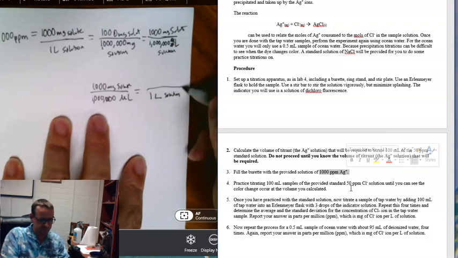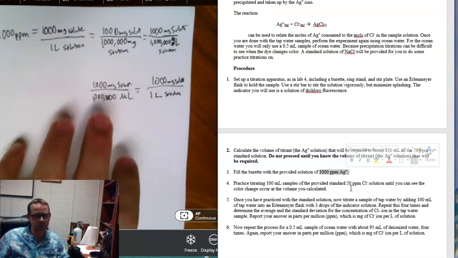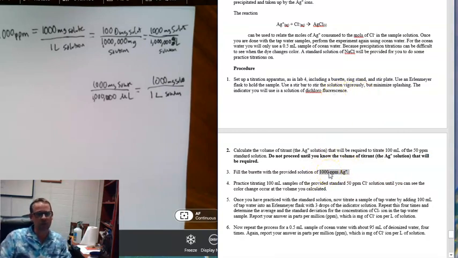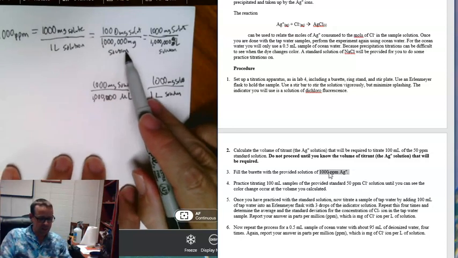So, because the density of these solutions are always going to be close to 1, because when we're expressing things in terms of parts per million, it's because their concentration is relatively low, therefore they're not going to influence the density of the solution significantly. Because that is, again, 1,000 milligrams, the density is 1 gram per milliliter.